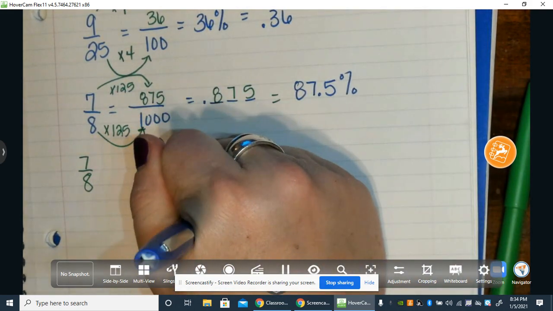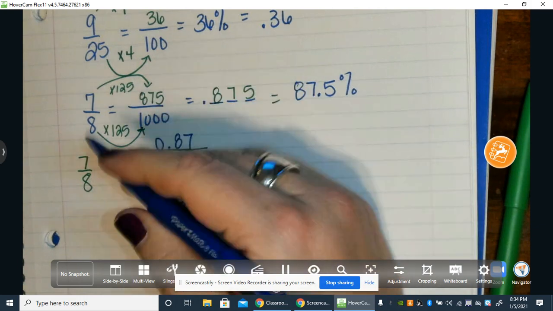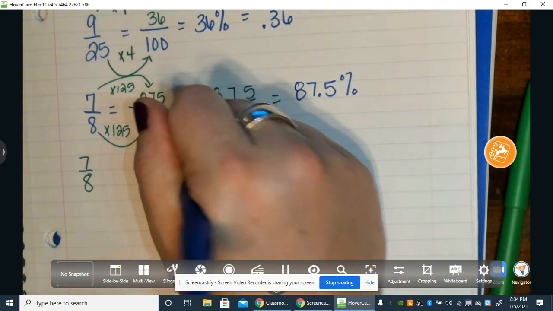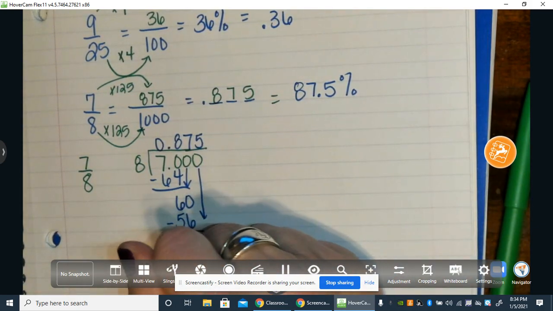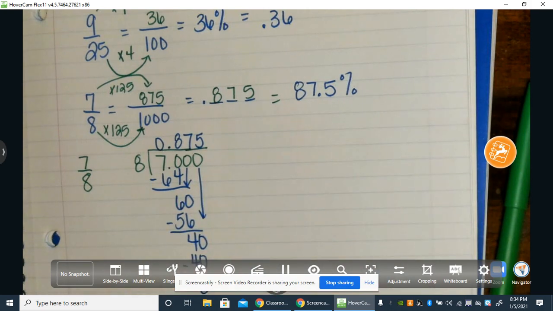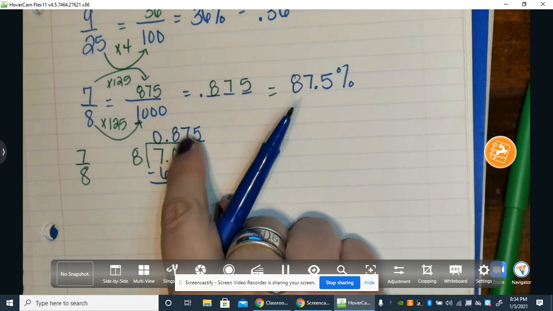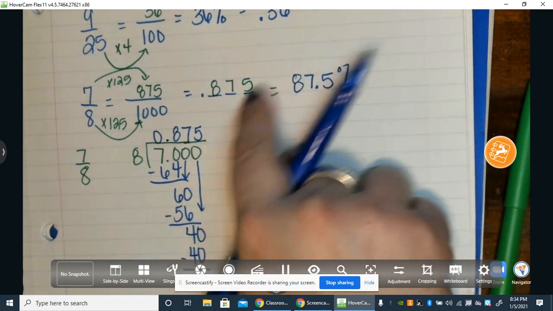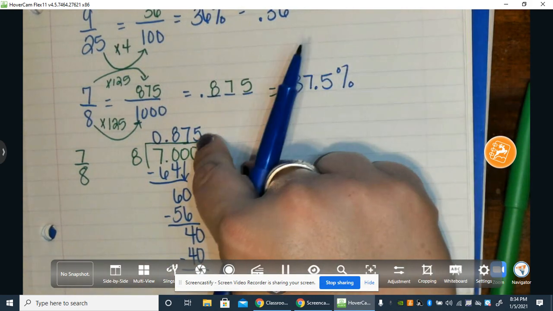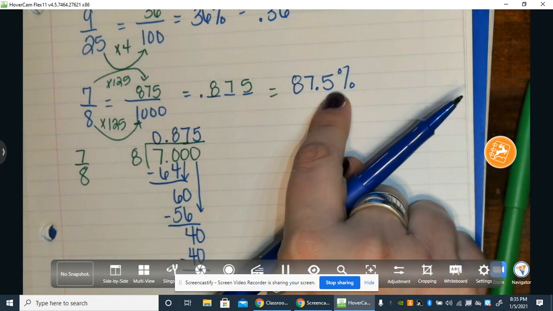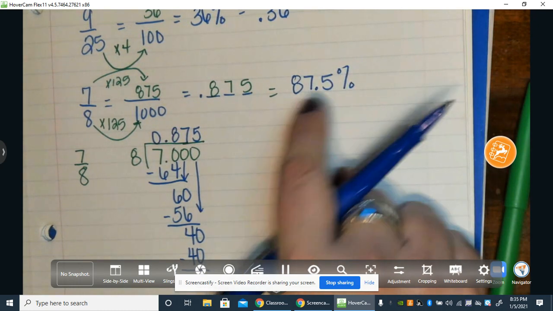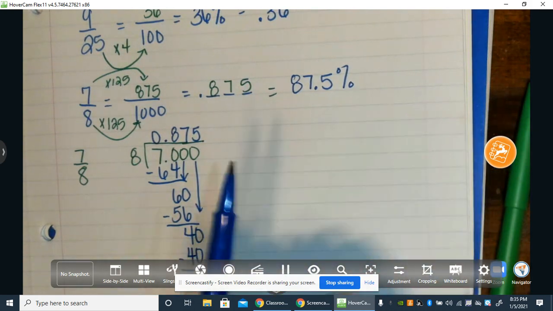Bring down my last 0. 8 can go into 40 exactly 5 times. And I'm left with 875 thousandths. Do you see that these two are exactly the same? And then I'll just move my decimal over. All right. So that's how we go from fraction to decimal to percent.